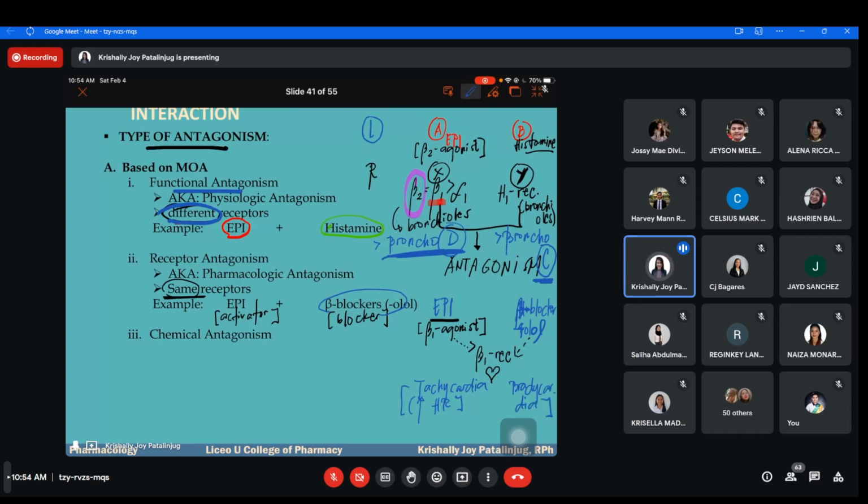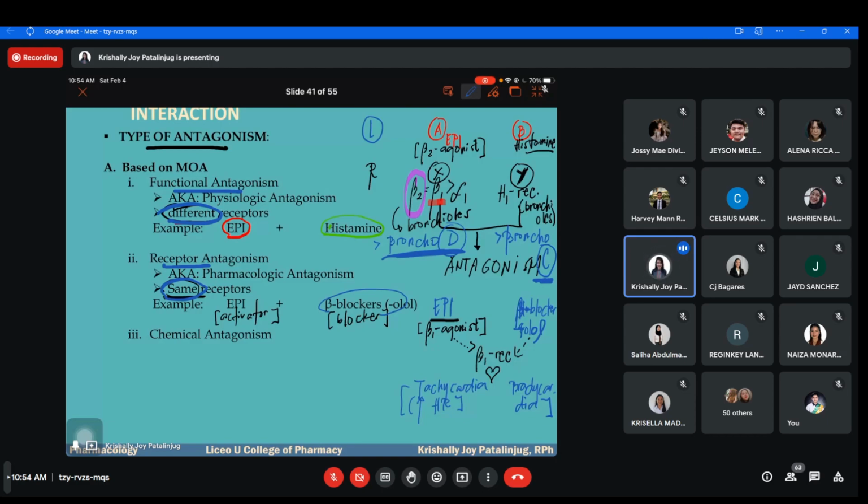So again, observe na antagonism with each other yung effects nila, yung pharmacological responses nila upon binding to the same receptor. So yan naman yung concept ng receptor antagonism, or that is pharmacologic antagonism. One drug is an activator of that receptor, the other one is a blocker of that receptor.